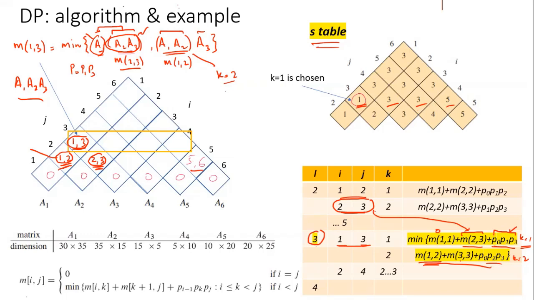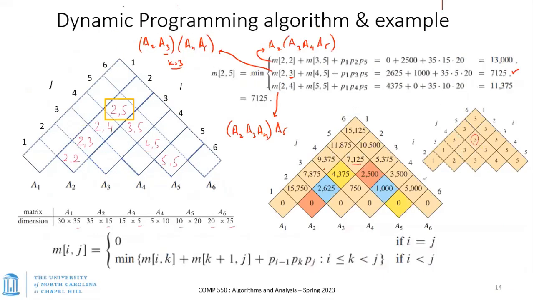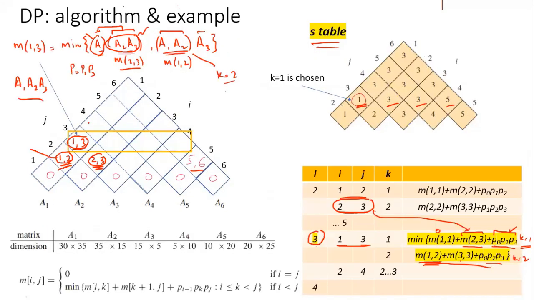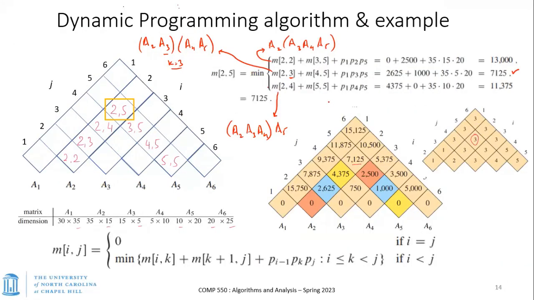Let's take a look at another example. This is also given in CLRS. We went up to this level, and now we're going to compute the L is equal to 4 value. Let's just do a single one of these.